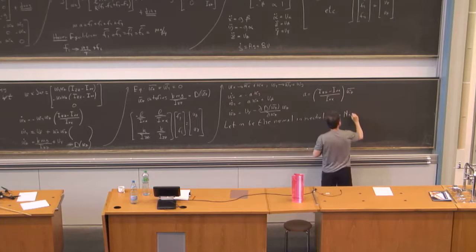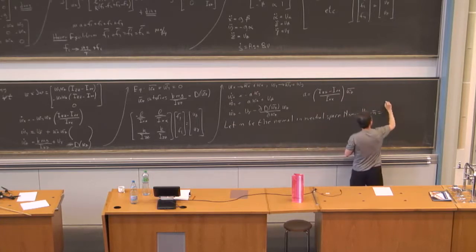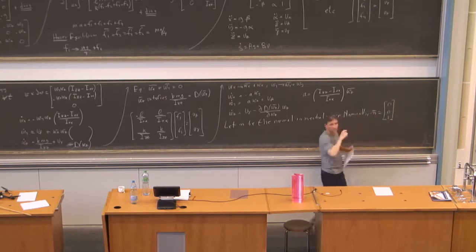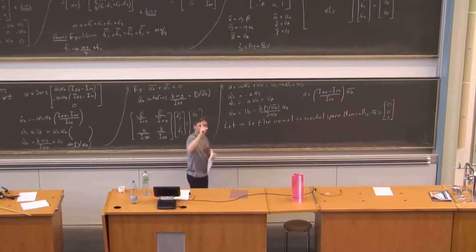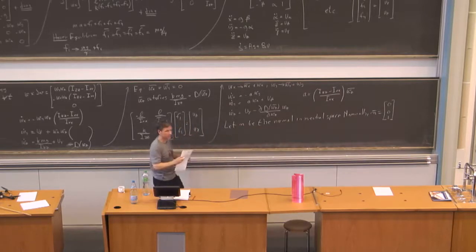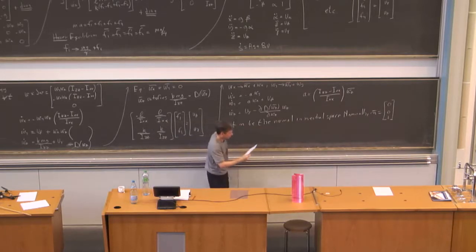Nominally, n bar is equal to 0, 0, 1. Right? We want this thing to point straight up for equilibrium. We're going to look at perturbations around that and see how we can couple them together.